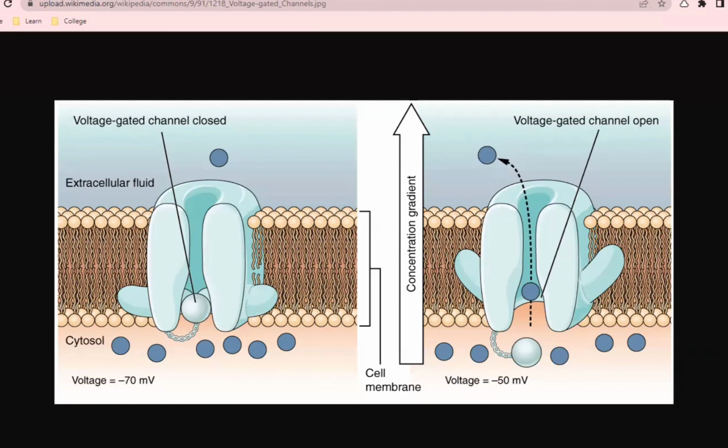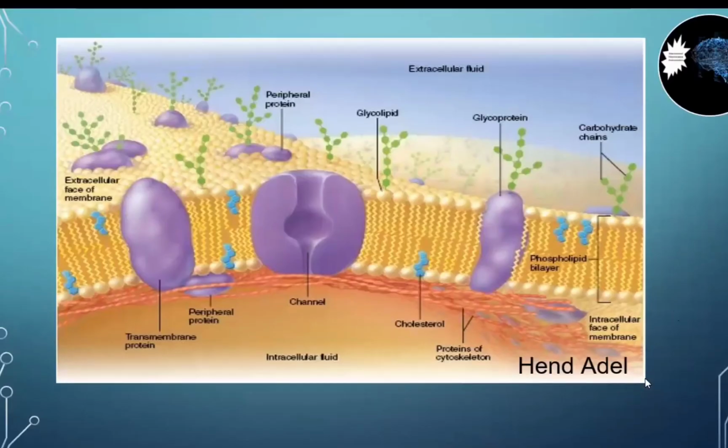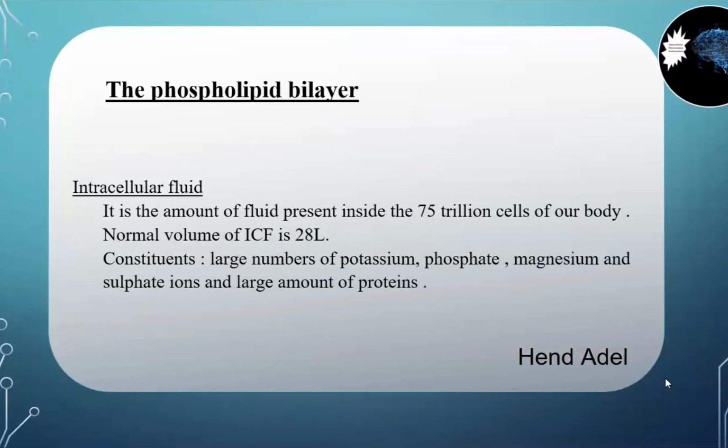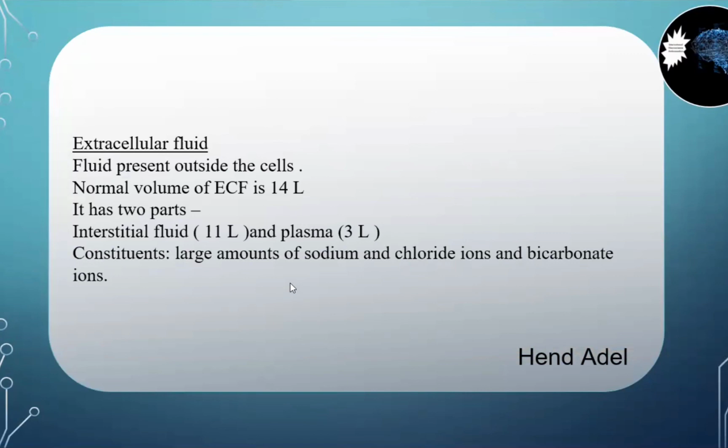Usually, like I mentioned here, if you remember, the extracellular fluid tends to have a large amount of sodium and chloride ions. The reason is because within the cell, potassium is present in higher concentration, whereas outside the cell, sodium is of higher concentration, and so is chloride.